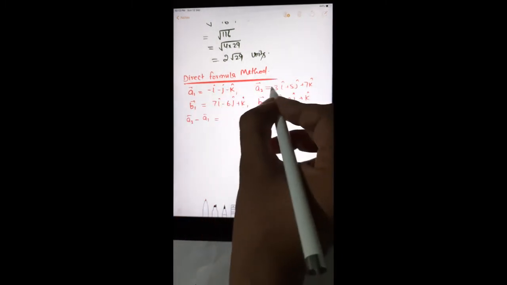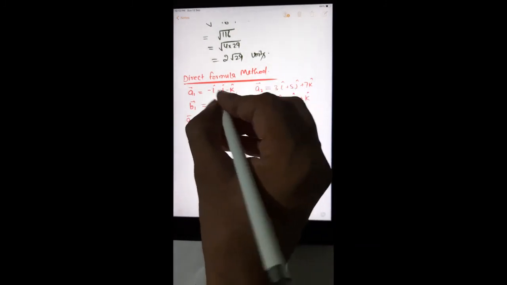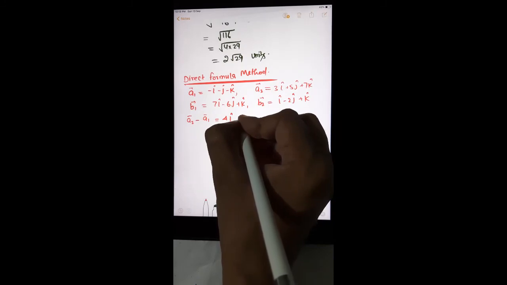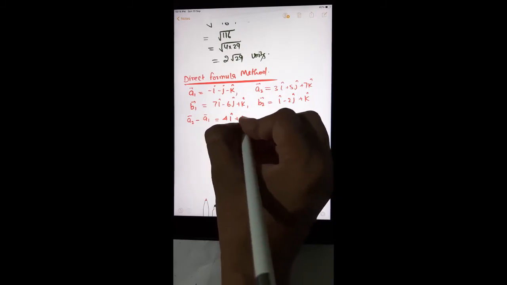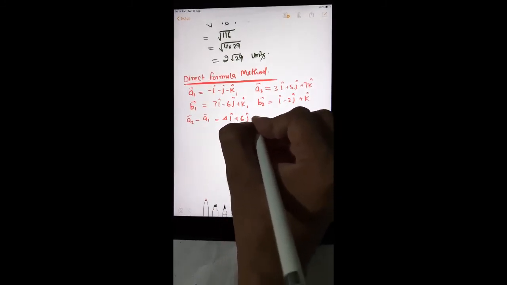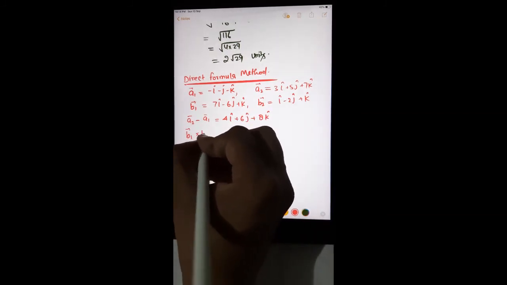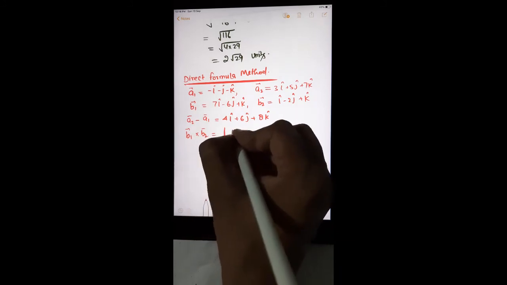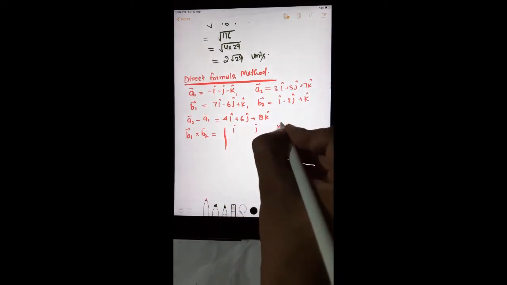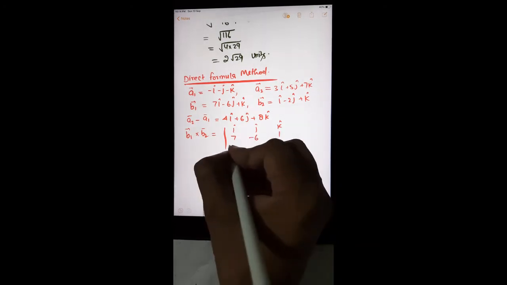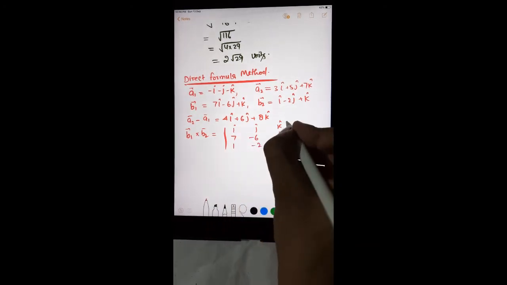So find A2 minus A1. Directly I will write 3i plus i, that is 4i, 5 plus 1 that is 6j, and 7 plus 1 that is 8k. Now find B1 cross B2. It will be the determinant with i, j, k, then 7, minus 6, 1, and 1, minus 2, 1.